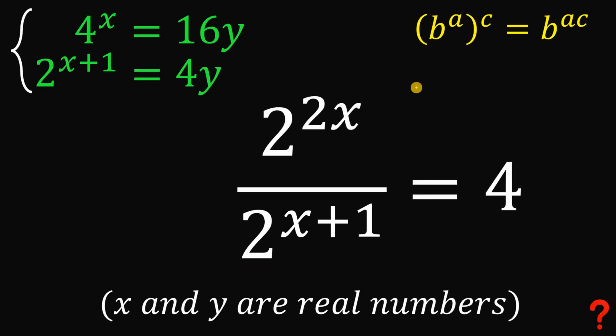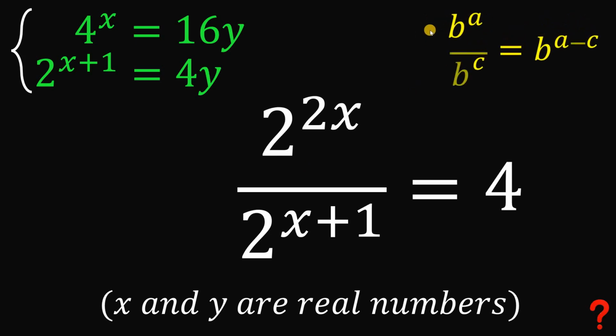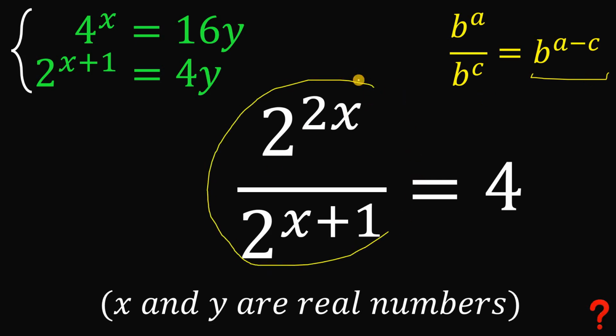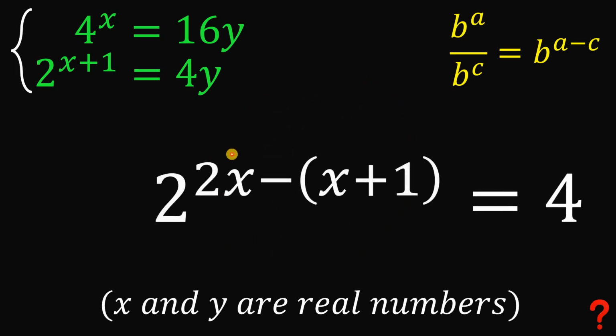Also, using some laws of exponent, take note when we have b raised to the power of a over b raised to the power of c, this can be written as b raised to the power of a minus c. So, the left-hand side of our equation can be written as follows. We have 2 raised to the power of 2x minus the exponent on the denominator, x plus 1.